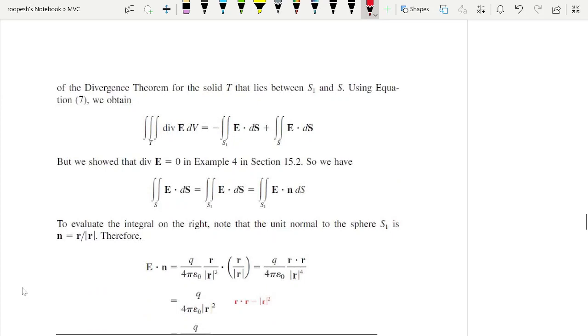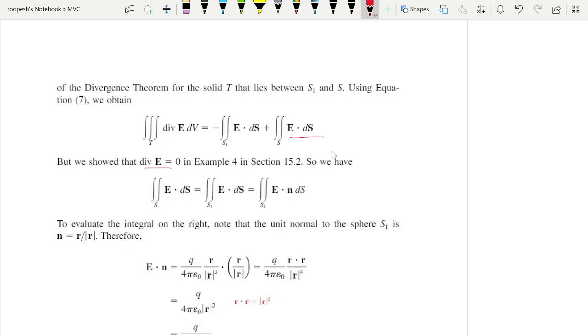Using our formula, triple integral over T, divergence of E dv equal to minus, since S1 we have having two normals now, so one normal we should consider in the negative side. So minus double integral over S1 E dot ds plus double integral over S E dot ds.